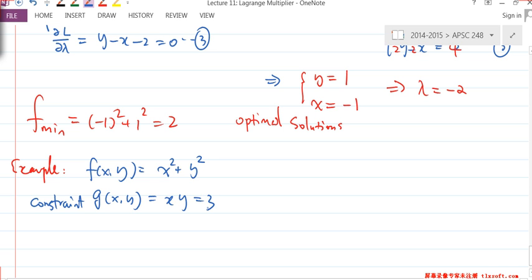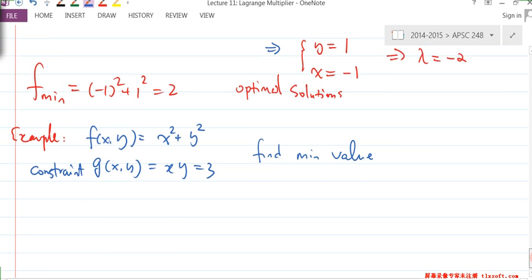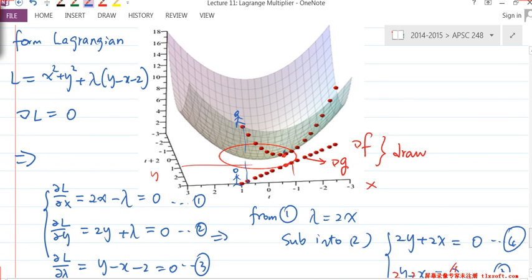Find the min value. I'll give you a couple of minutes to practice, following exactly the same process we did here. See if you can find the answer.